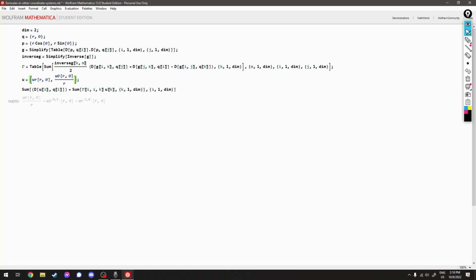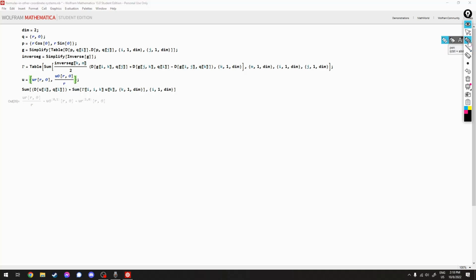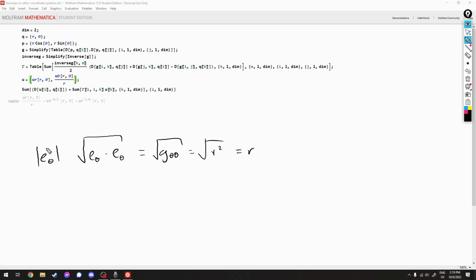Because remember, the magnitude of e_theta was the square root of e_theta dot e_theta, which is the square root of g_theta theta, which is the square root of r squared, which is r. So I just divide this thing, right?